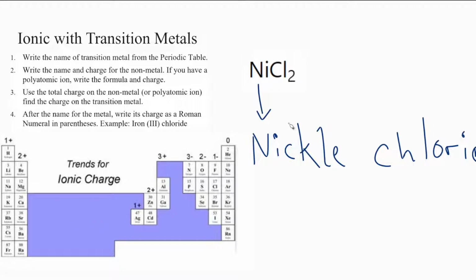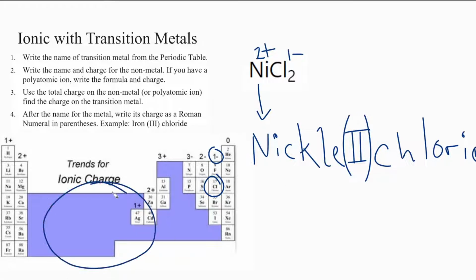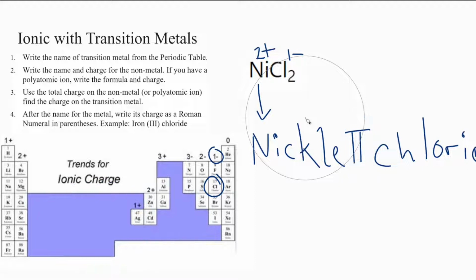The way we do that is we know that chlorine is 1 minus, and we have two of them. So this has to be 2 plus. So we're going to put Roman numeral 2 right in the middle. Whenever we have a transition metal here, we've got to figure out the charge on it and then write it in the name based on what it's bonded to. So let's see if we're right. Nickel 2 chloride. We're going to put that in the app.